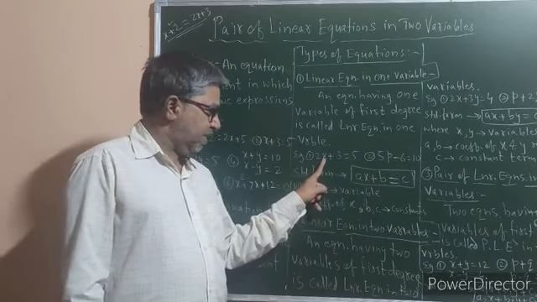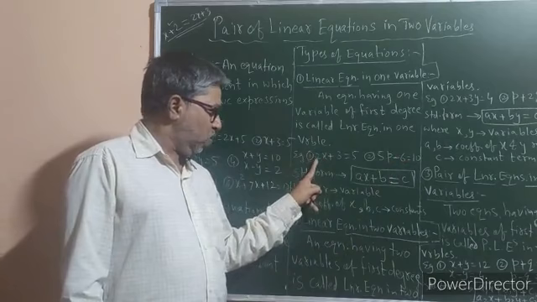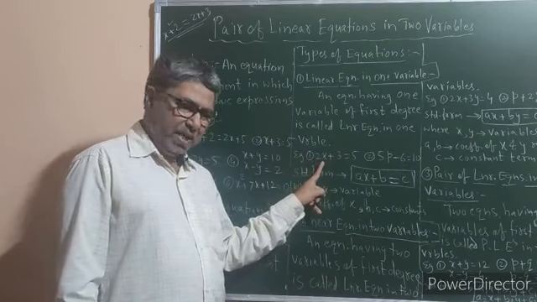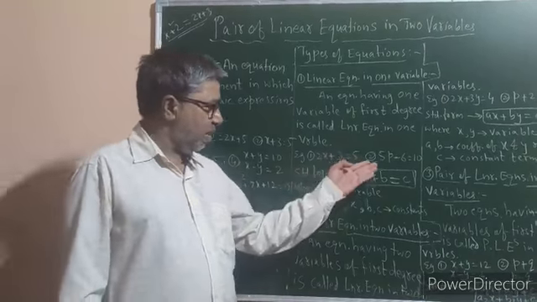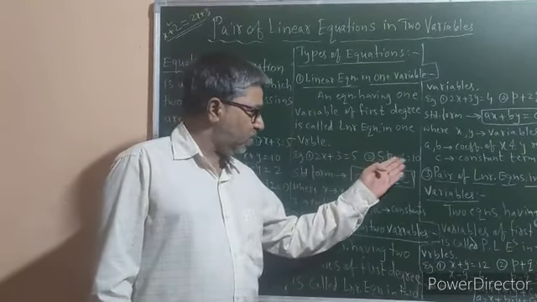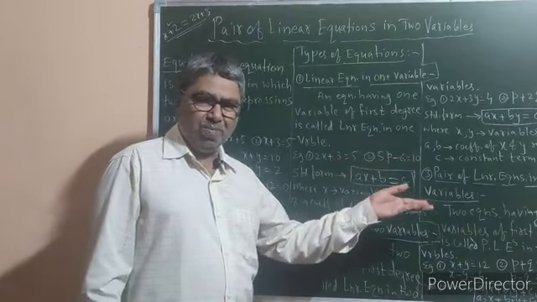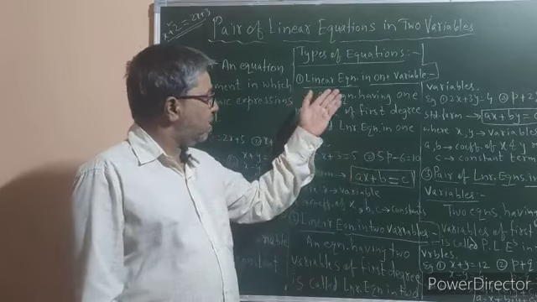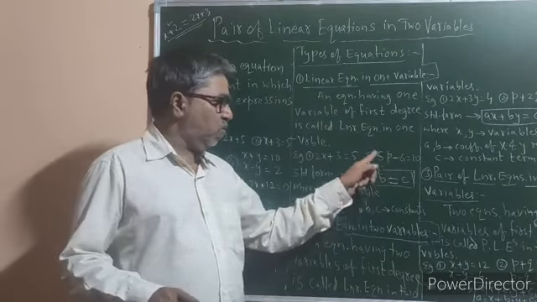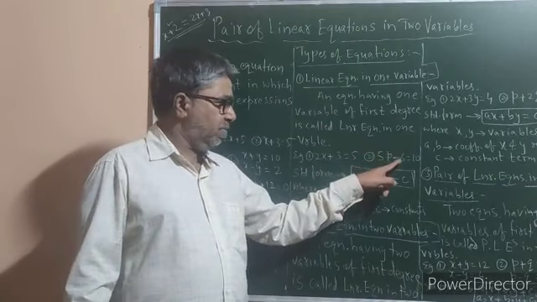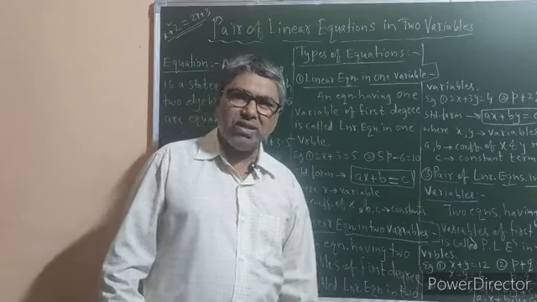So here x is the variable, 2 is the coefficient of variable x, 3 and 5 are the two constant terms. In the same way, 5p minus 6 is equal to 10 is another example of a linear equation in one variable, where variable is p, 5 is coefficient of p, whereas 6 and 10 are the constant terms.